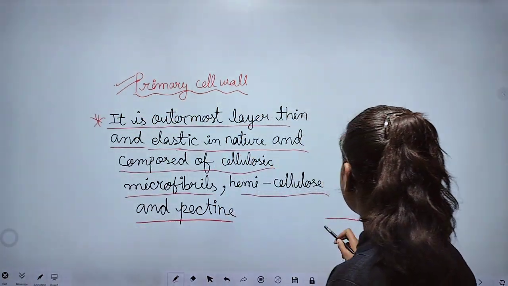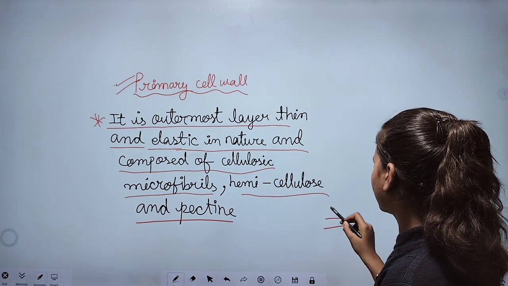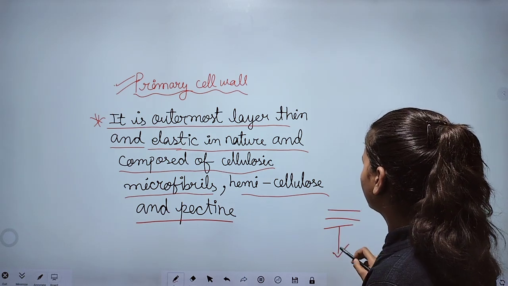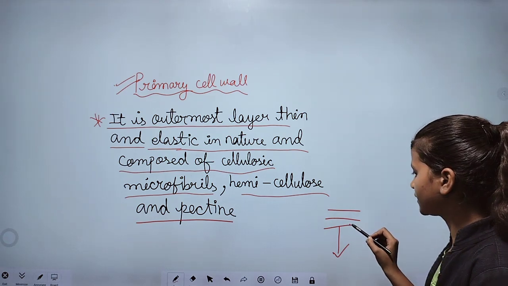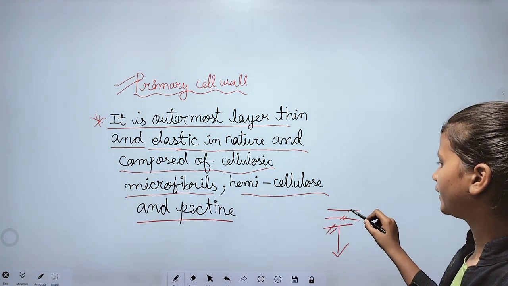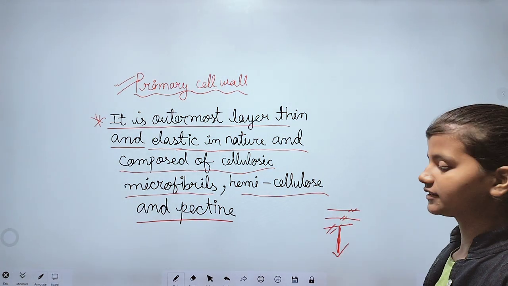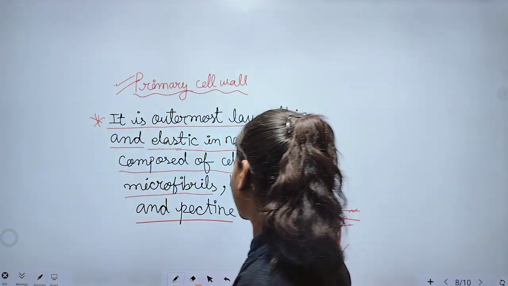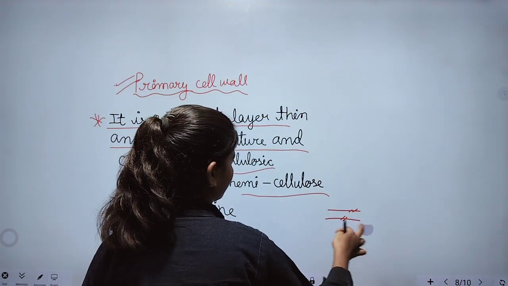The primary cell wall is the outermost layer. Among primary, secondary and tertiary, primary is the outermost layer of the cell wall.